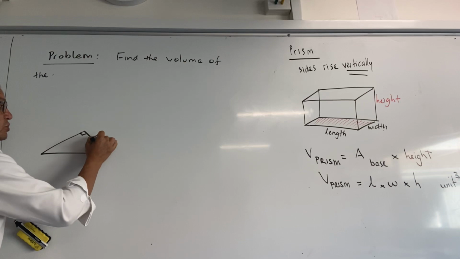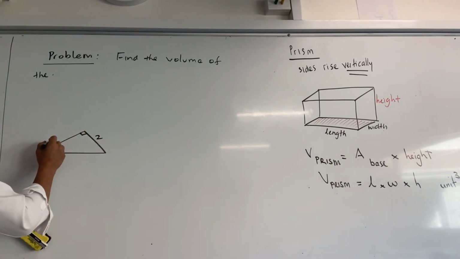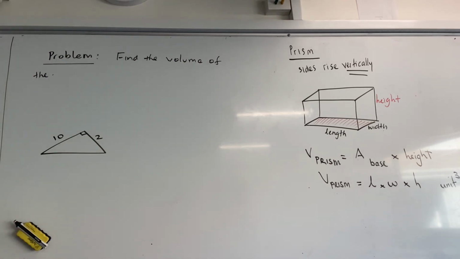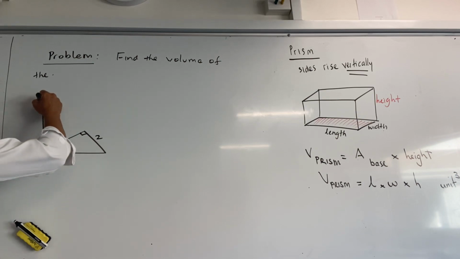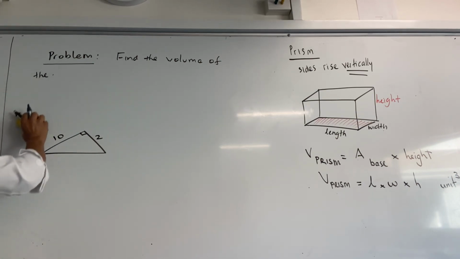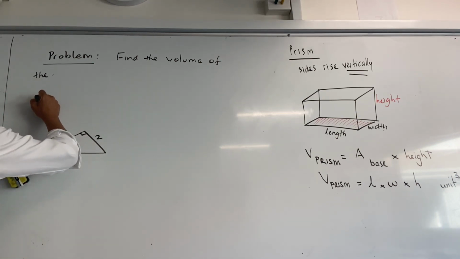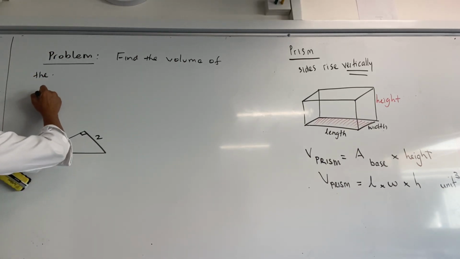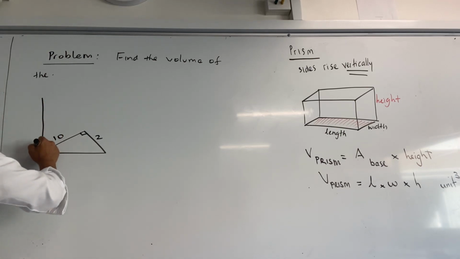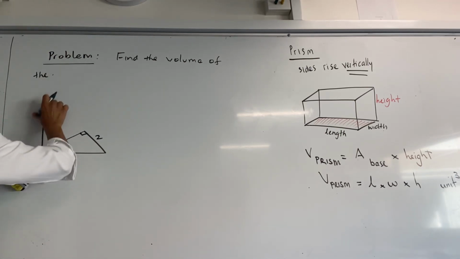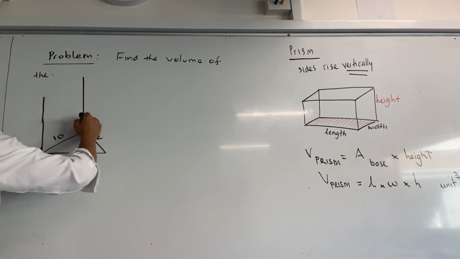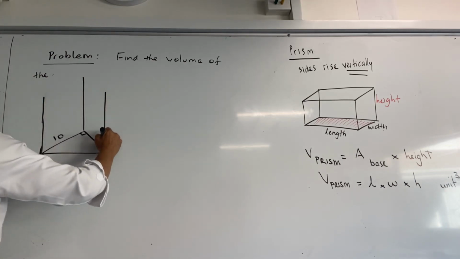I'm going to say that's 2. I'm going to say that's 10. And this is what's going to happen. This is going to go up. Oh, that's terrible. Again, what's wrong with me today? So it's going to go up.